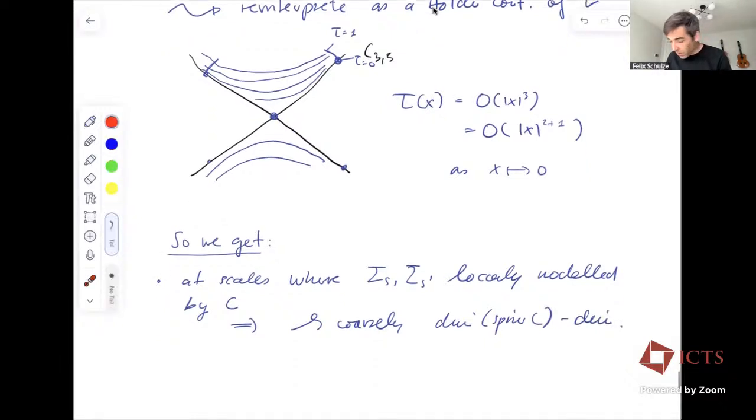And we know that this timestamp function on this combined singular set is coarsely 1 plus alpha of C Hölder continuous.